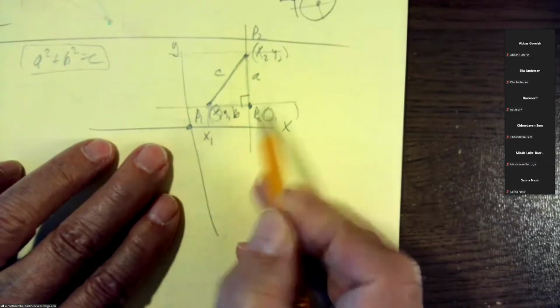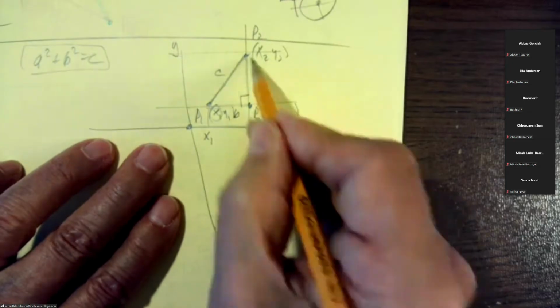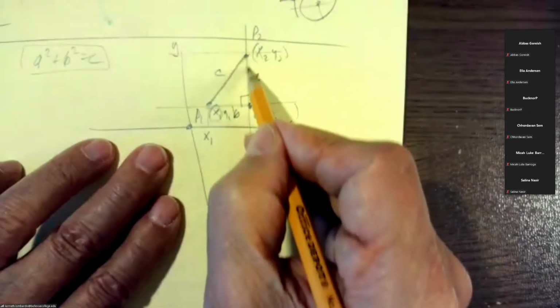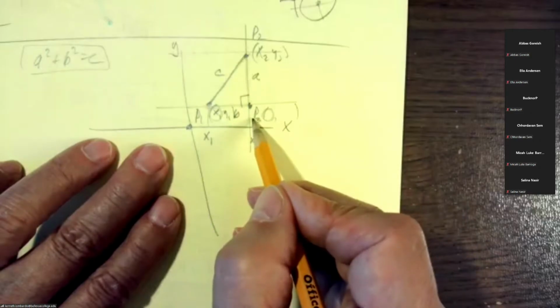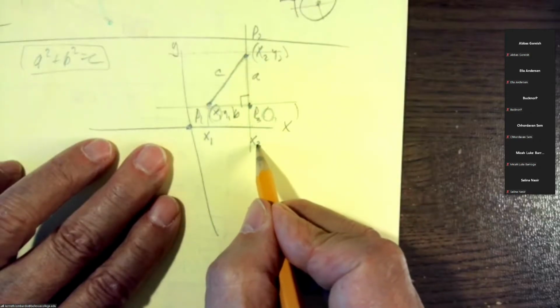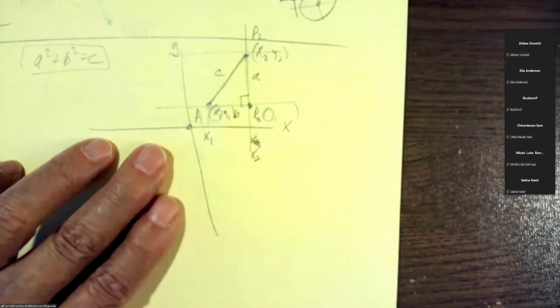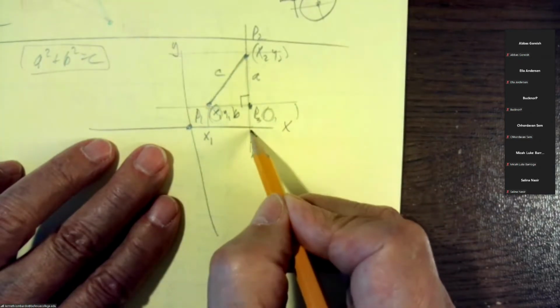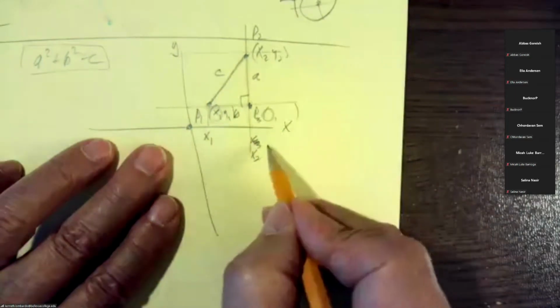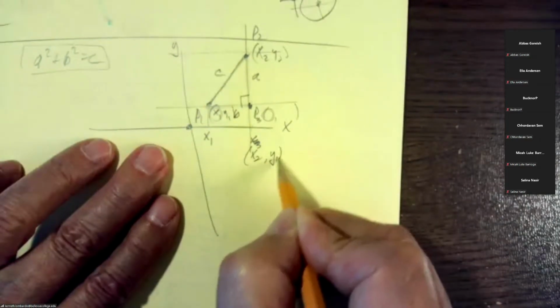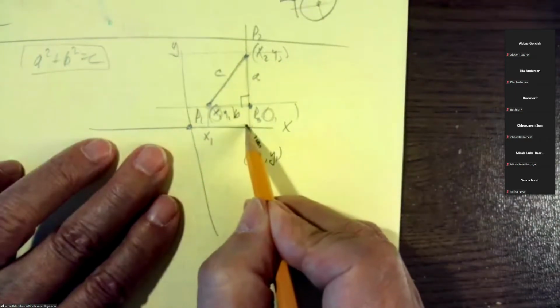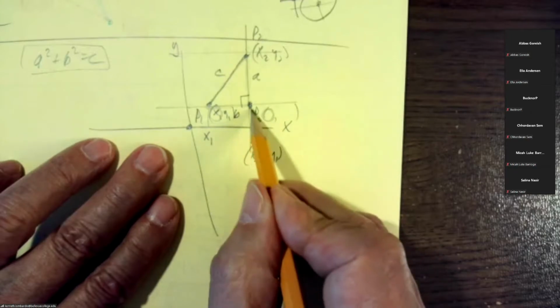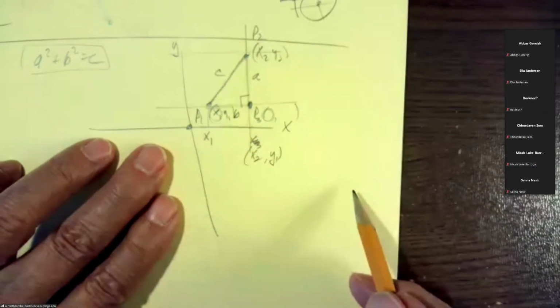We need something out here at x3. And it turns out that x3 and x2 are on the same line, aren't they? So that's the same as x2. And similarly, the y value here is going to be the same as y1. So I can say this is x2, y1, and that's that location.